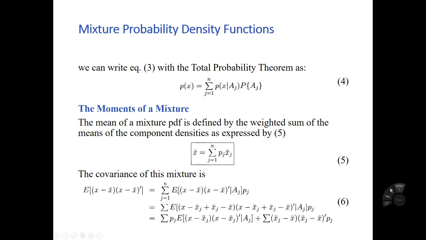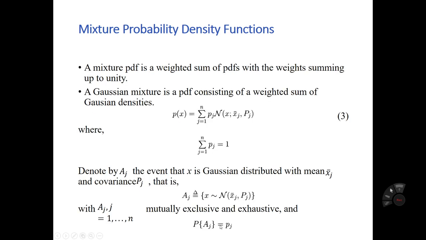So this whole argument, the transpose of this thing and this thing, is conditioned on the event. Okay, so this is multiplied with the Pj.